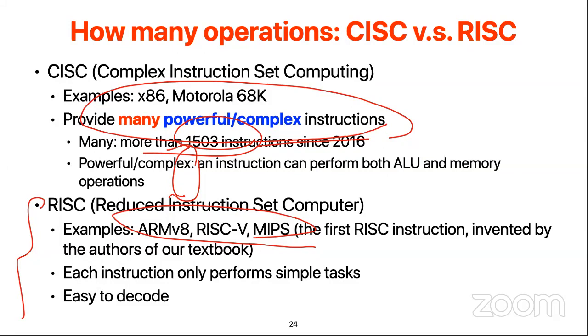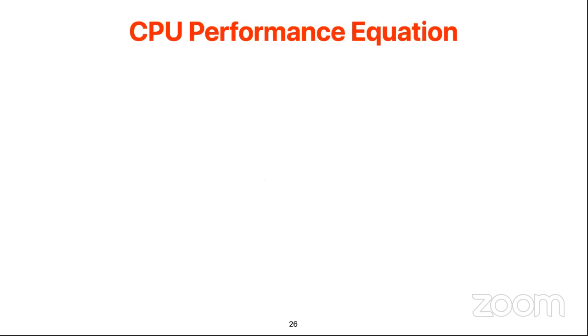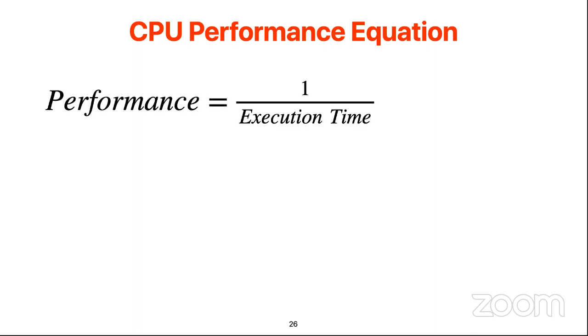And after instruction set architecture, we talk about performance, which you care a lot about when you are programming and running your programs. So it's really important for us to be on the same page about what performance is. In computer architecture, if not otherwise mentioned, the definition of performance is the reverse of your execution time.